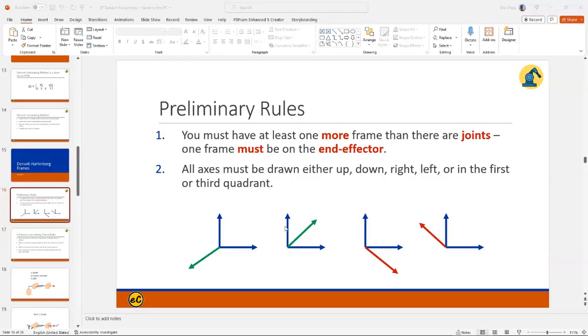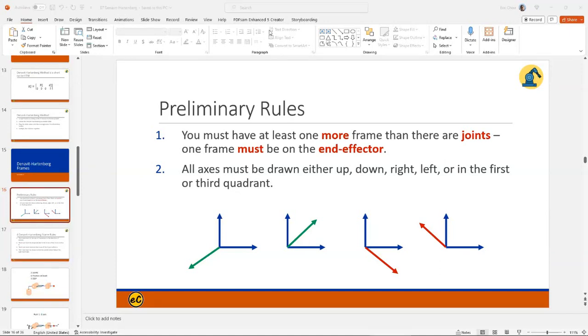If you use the right hand, 3 fingers, this one's A vector, this one's B vector, and C vector is on top. So we use the right hand rule to determine where the cross product vector should be. That's the right hand rule.